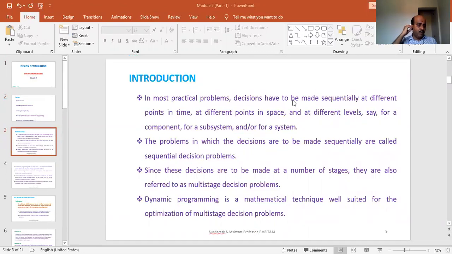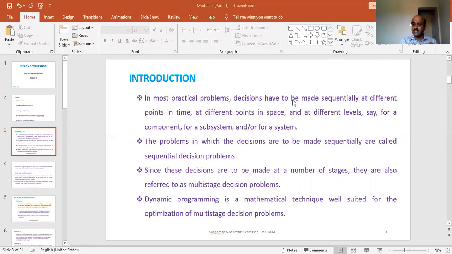In most practical problems, we need to make a decision. A decision has to be made sequentially at different points of time, at different points in space, and at different levels for a component, a system or a subsystem.